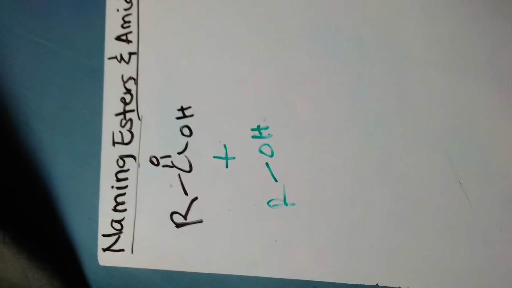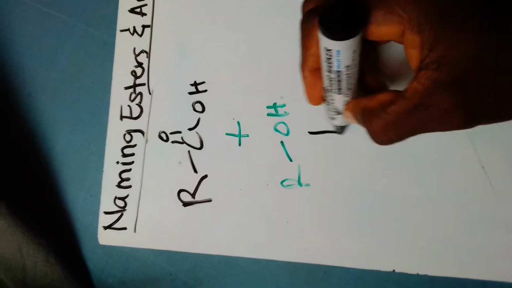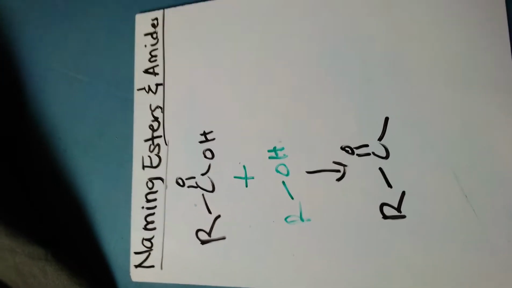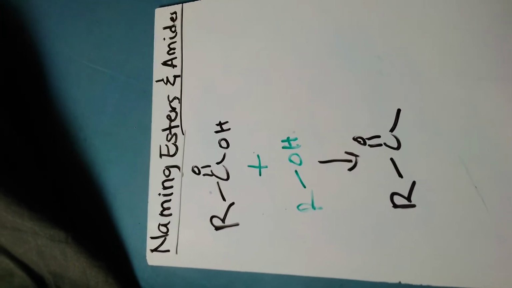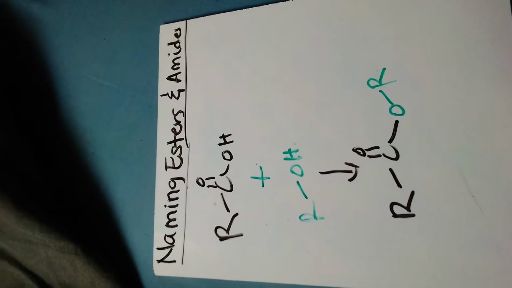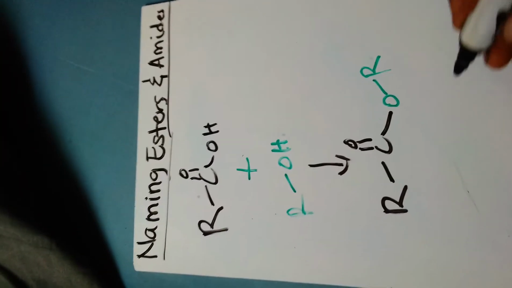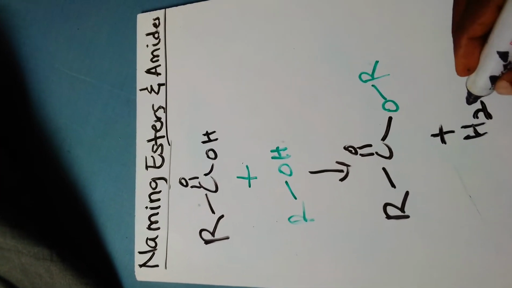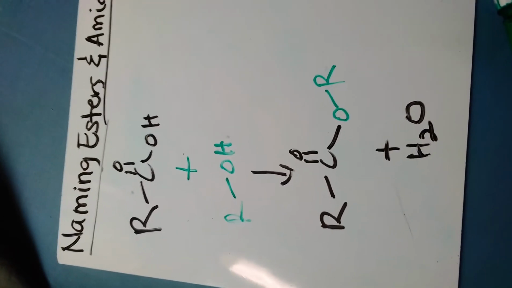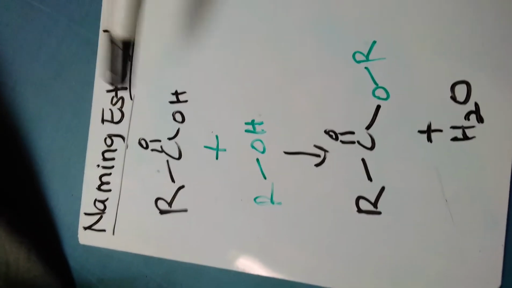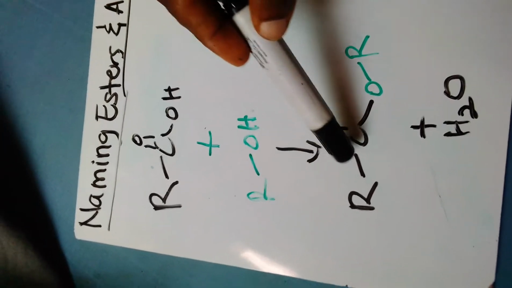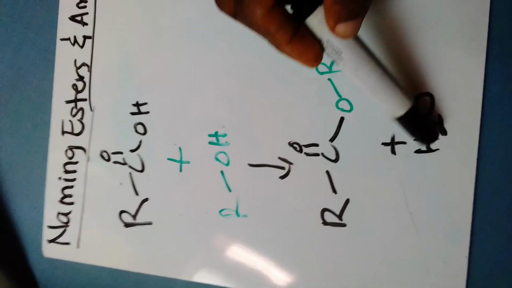Then the two can interact to produce an ester, plus some traces of water. So basically this is how an esterification reaction goes. A carboxylic acid reacts with an alcohol to produce an ester plus some traces of water.